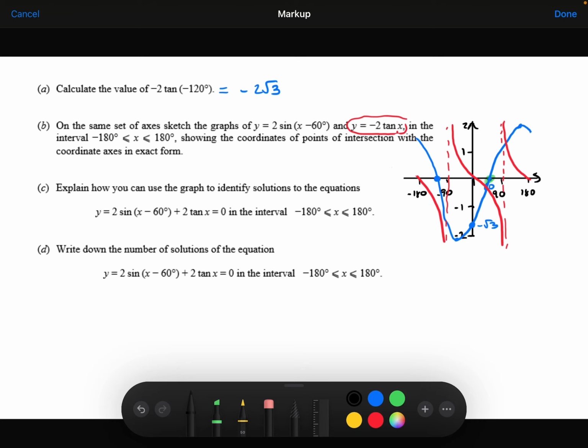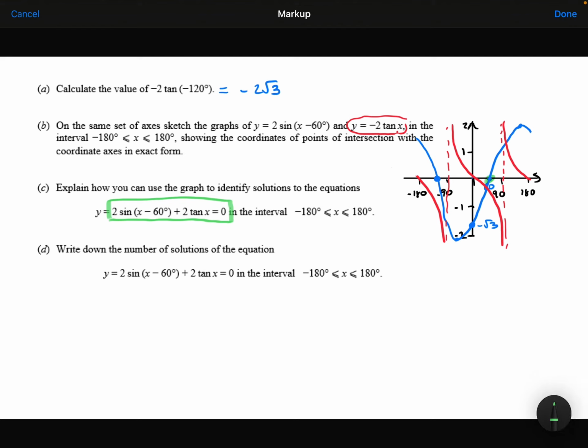Well, I'm comparing this equation here to what I've just drawn. And I can see that that's basically saying where these curves intersect. If I made the two curves equal to one another, that would be saying the 2 sine (x minus 60) equals the minus 2 tan x.